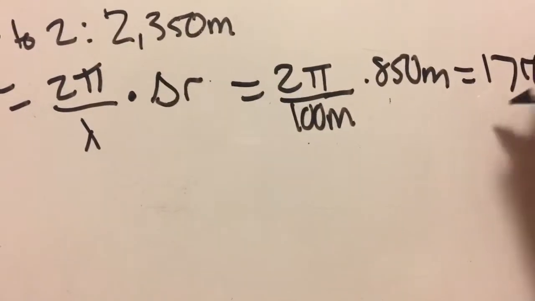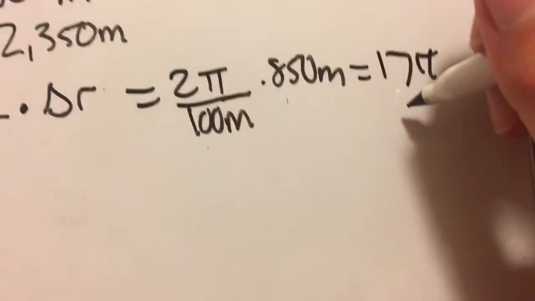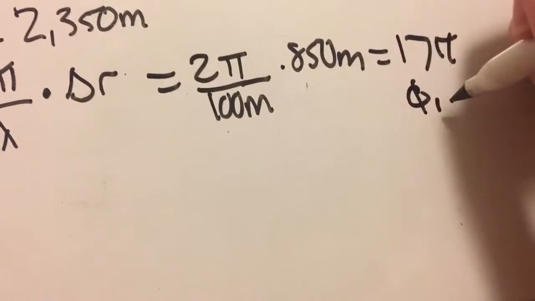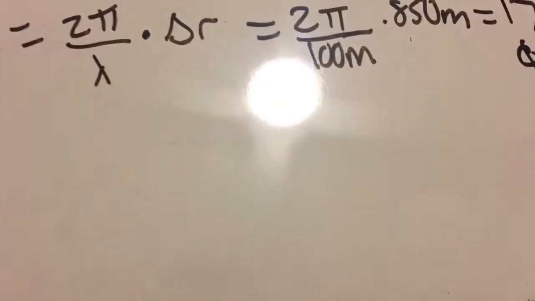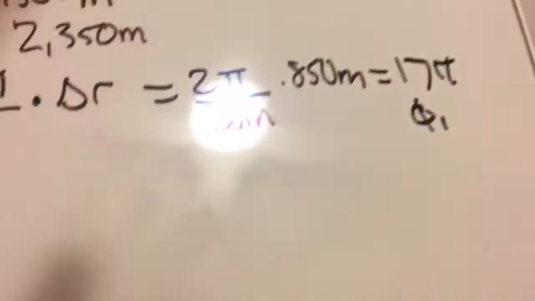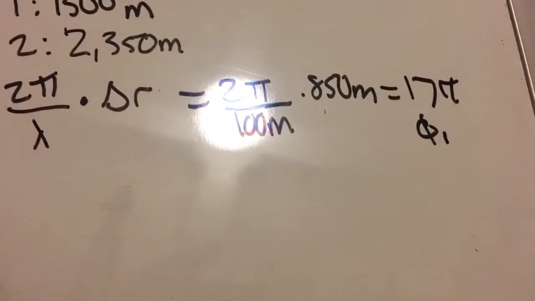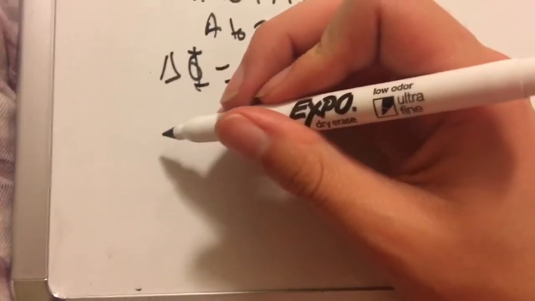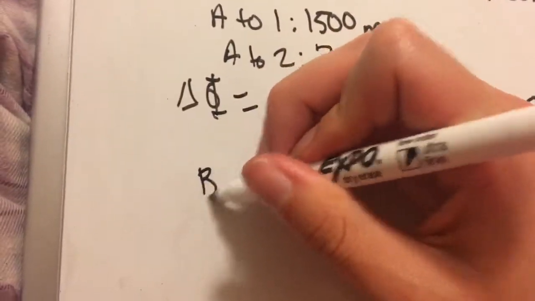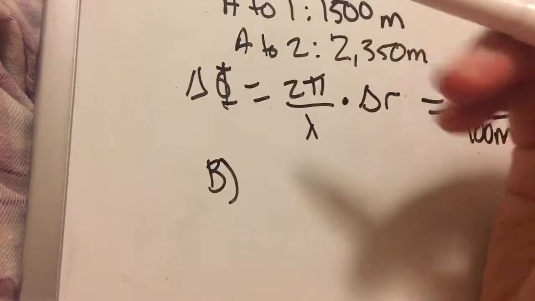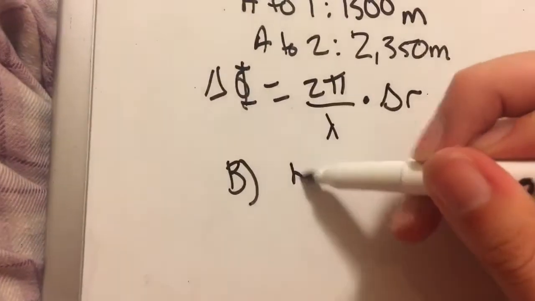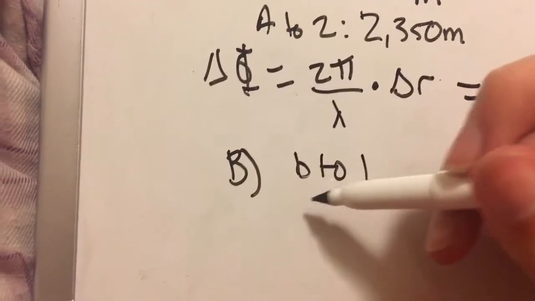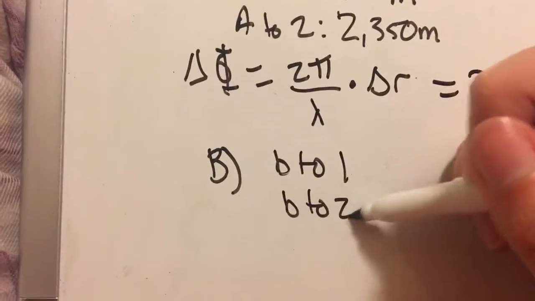So that 17 pi is equal to psi 1, and we also need to find psi 2 to figure out the delta psi. To do that, we're going to focus on island B now, and we need to find B to antenna 1 and B to antenna 2.